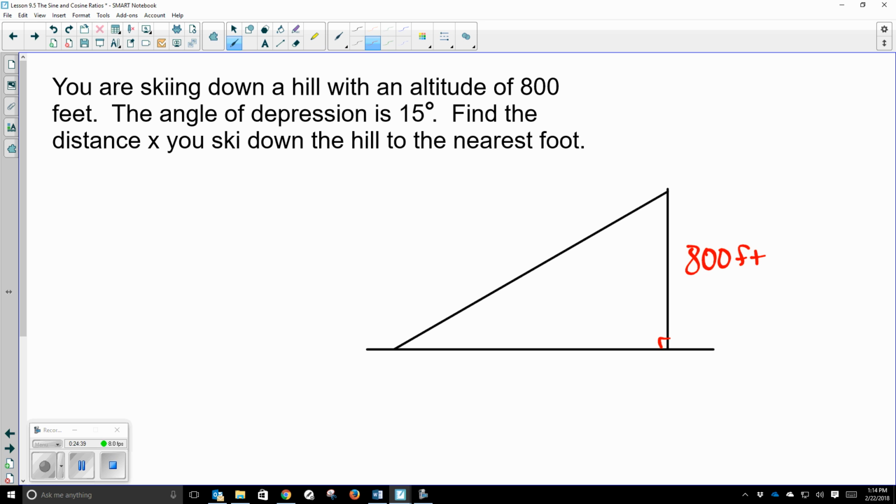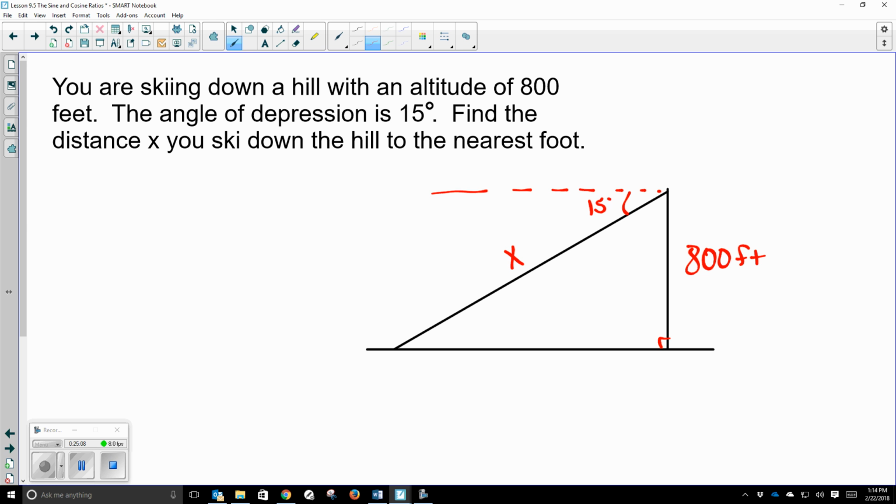Okay. Angle of depression. Remember, angle of depression would be if you're on top of the mountain, your horizontal line, and you're looking down. That would be right here. Depending on what we're looking for, will I use this angle up here, or will I use this angle down here? It says find the distance x you ski down the hill. You would measure this, right? So x goes here.